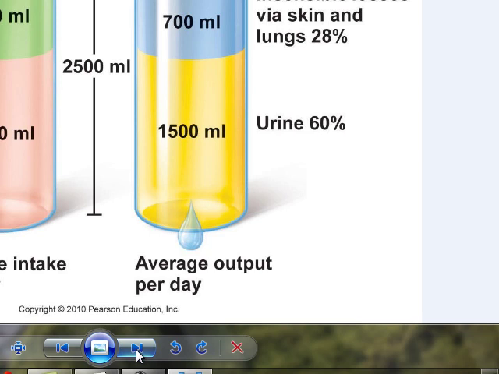What's osmolality? Concentration of what in where? Concentration of dissolved substances in fluid. Okay? So, where do we get water from? That's what this diagram is all about.